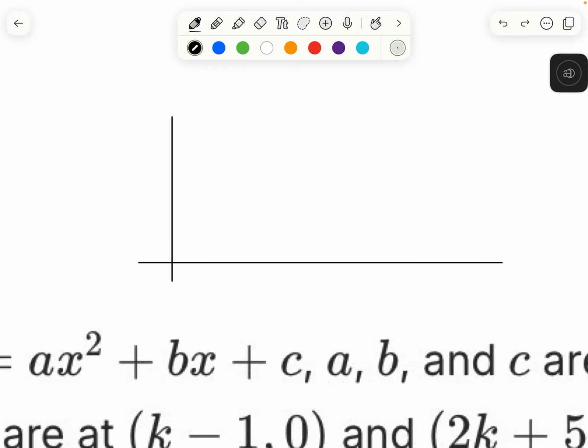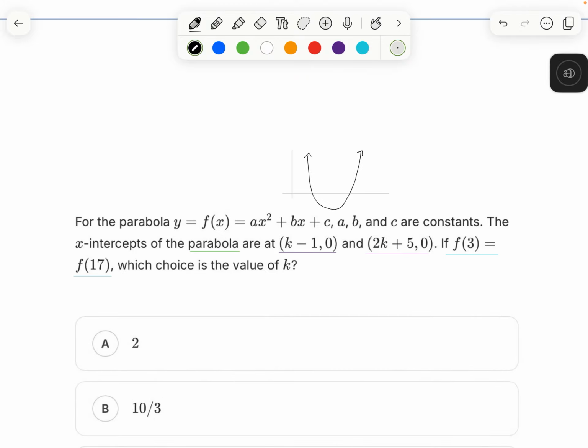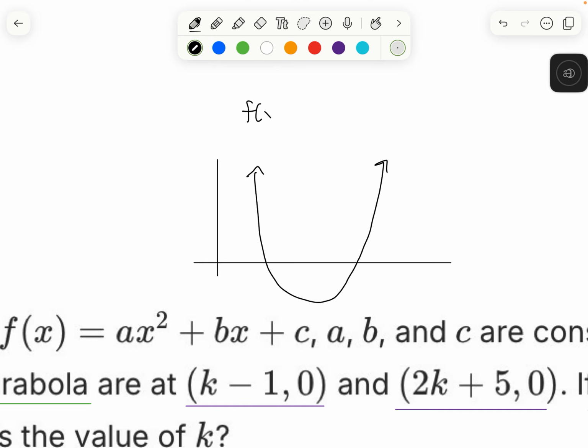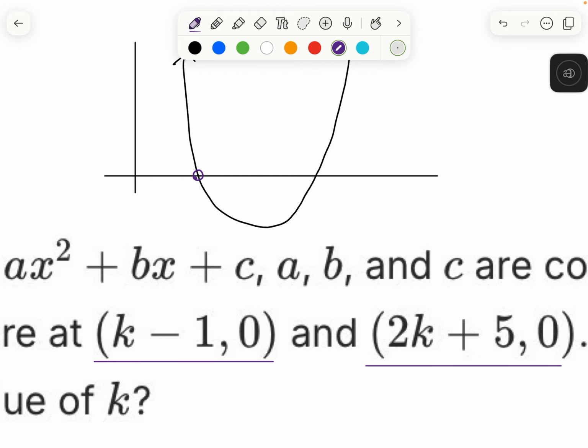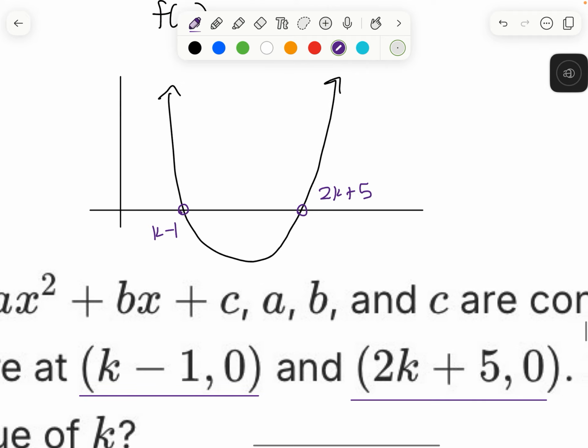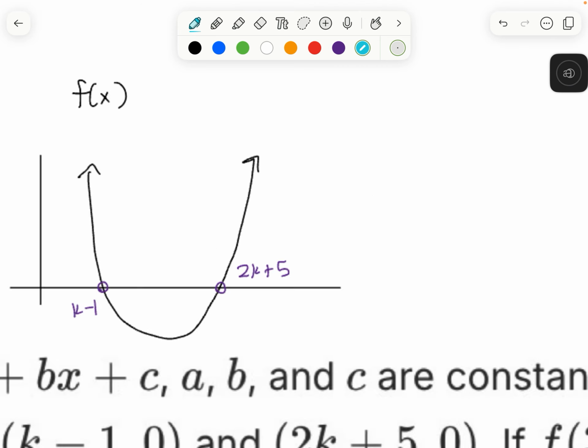Now let's just call this f of x. And they tell us that the x-intercepts were at k minus 1 and 2k plus 5. So let's say that this is 2k plus 5, this is k minus 1. And I'm just going to write f of 3 equals f of 17.